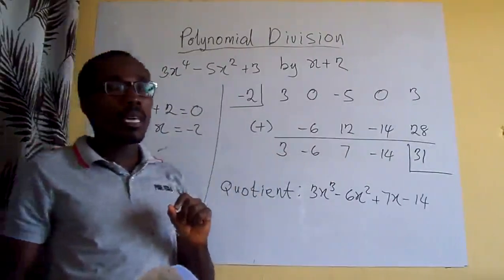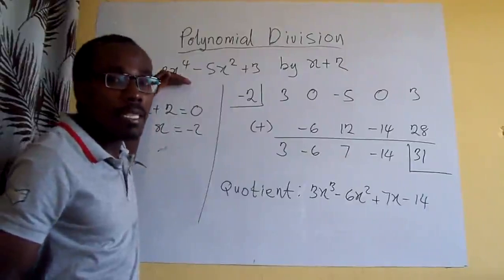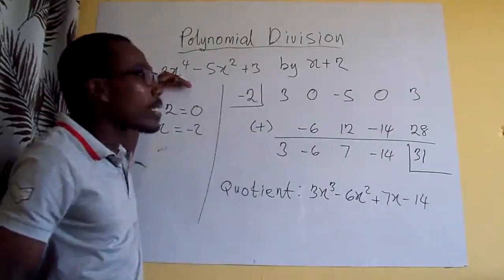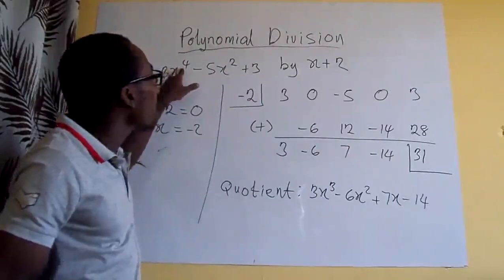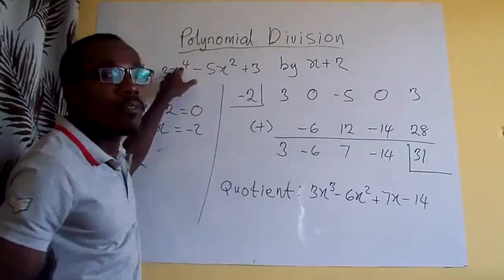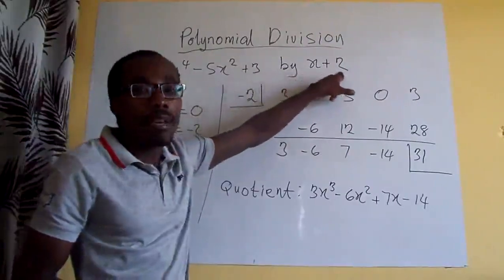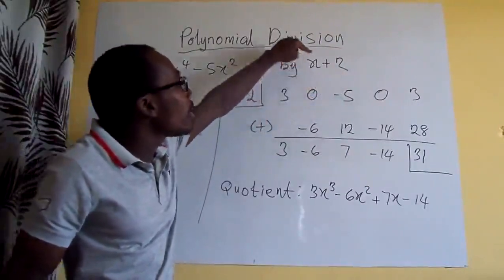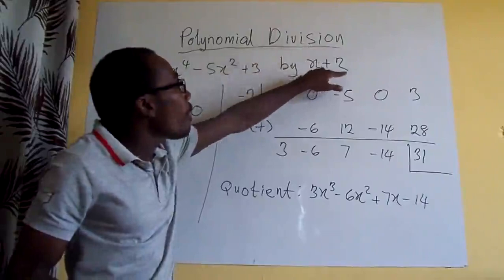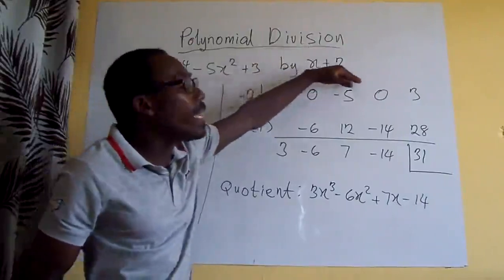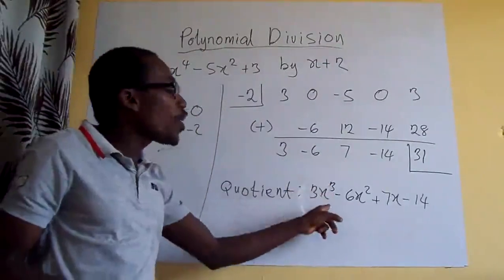But one thing you should know is that this is more or less a quartic function, okay? Quartic in the sense that the highest exponent of x is what? Is 4. So the highest term that you can see is x to the power 4. And whenever you divide a quartic function by a linear function, a linear in the sense that the exponent of this x is 1, the result of your quotient will be a cubic function.